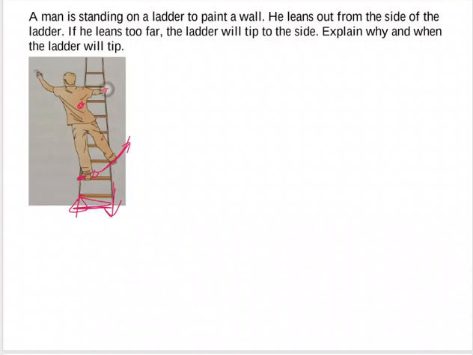Because he's holding on over here, he's giving himself a little bit of an advantage. But now if his center of gravity goes outside of this base of support down here, the ladder is gone. So he's given himself an advantage as far as not falling off the ladder, but the ladder itself is going to fall over eventually if he gets outside of the base of support of the ladder. Okay?